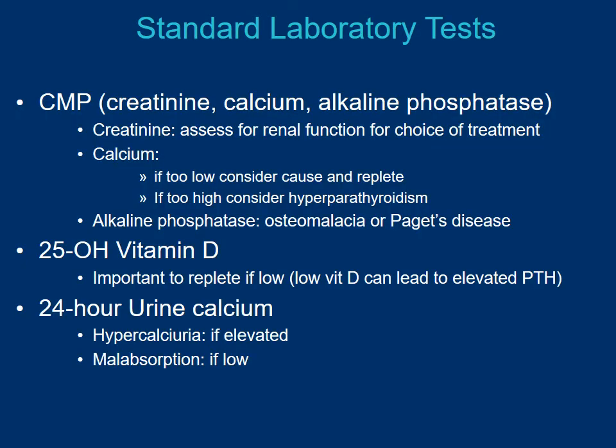The other investigations we can do to diagnose or follow up osteoporotic patients include the standard laboratory tests. These are not conclusive and cannot diagnose osteoporosis, but they can give us a clue for the follow-up of patients and for the detection of secondary causes of osteoporosis, like the CMP, the comprehensive metabolic panel, which measures the blood levels of urea nitrogen, calcium, carbon dioxide, chloride, sodium, creatinine, total bilirubin, total proteins and liver enzymes.